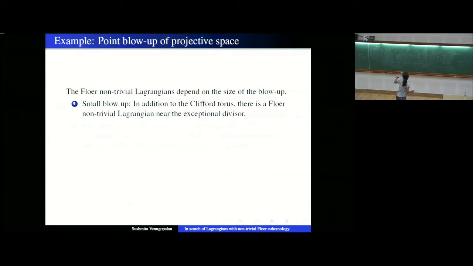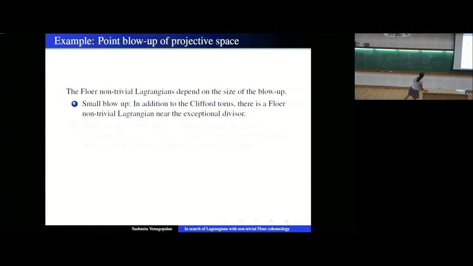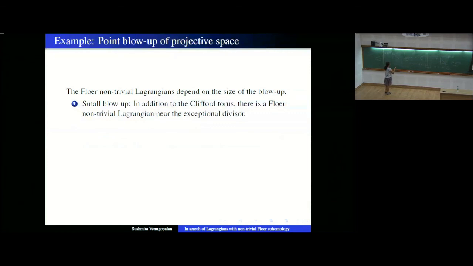Okay, so now let's do the blow-up case. The blow-up case is really interesting because what happens with Floer non-trivial Lagrangians depends on the size of the blow-up. So if your blow-up is small, then you continue to have this Lagrangian, which is the Clifford torus. Sorry, I maybe didn't mention it in the previous slide.